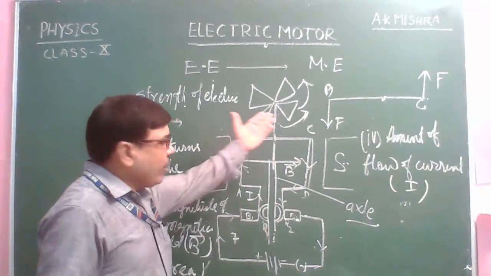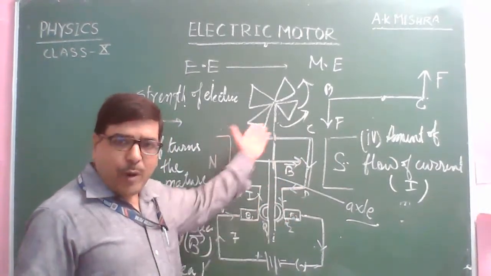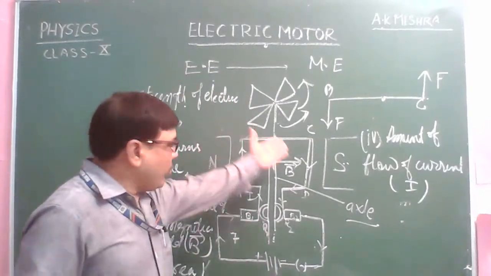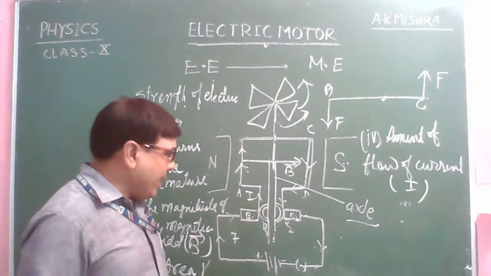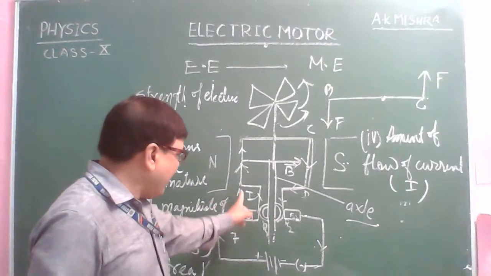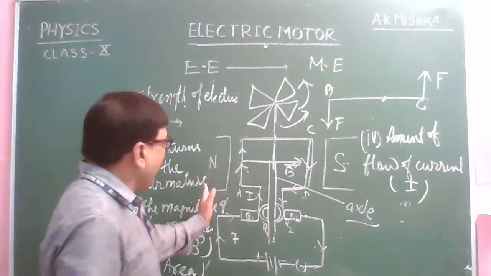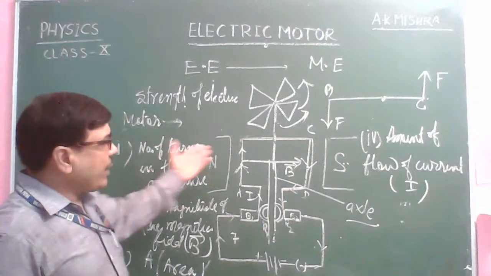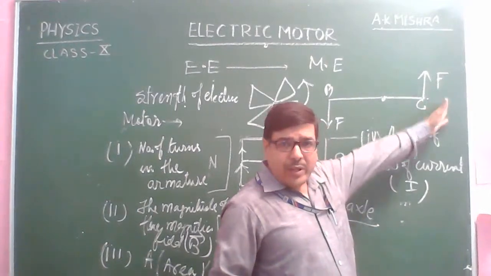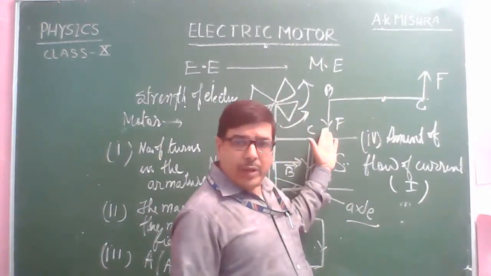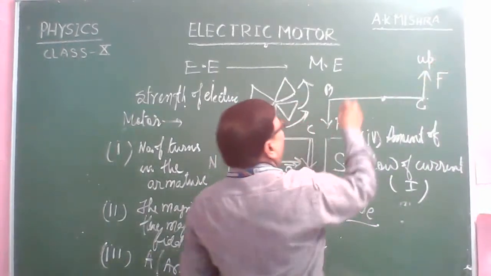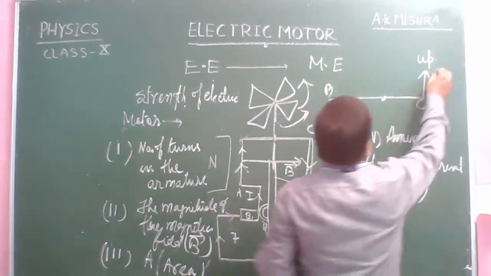The rectangular coil ABCD is made up of a soft iron core. Then it experiences a pair of forces: the right arm in upward direction and the left arm in downward direction.